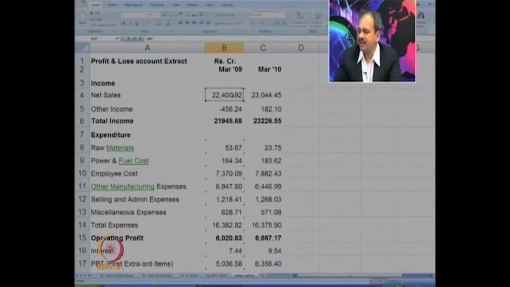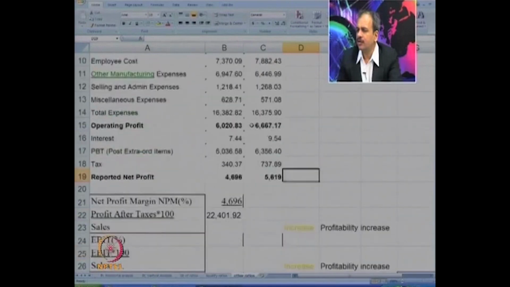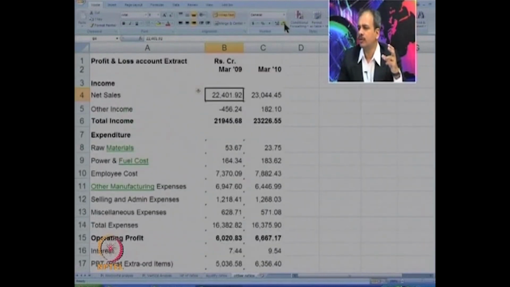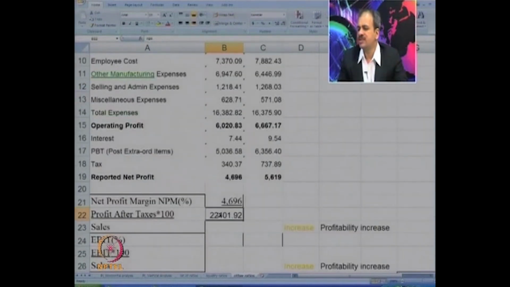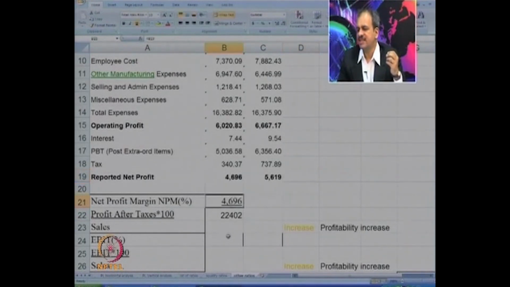For more clarity, these figures are repeated here. So, you can see it is 4692 divided by 22402, which is the figure of sales.